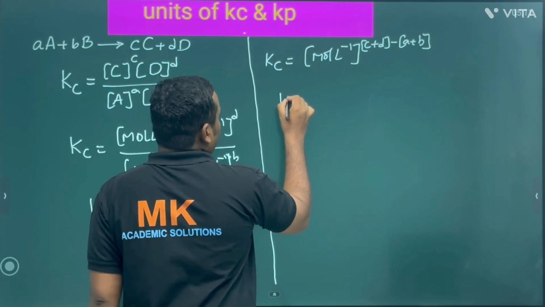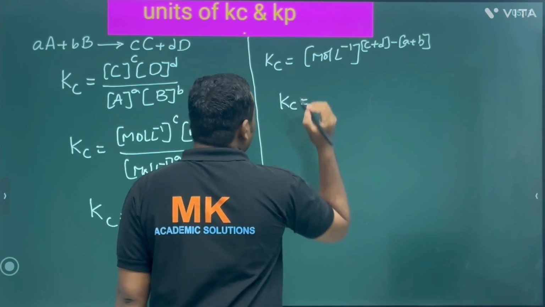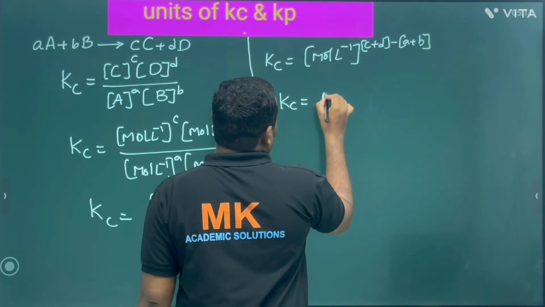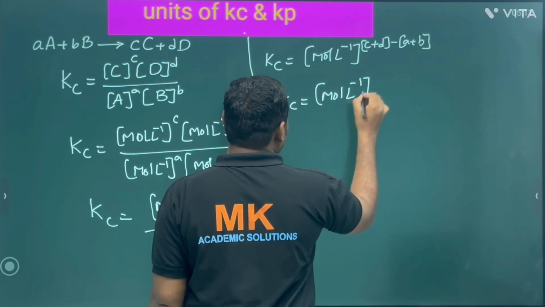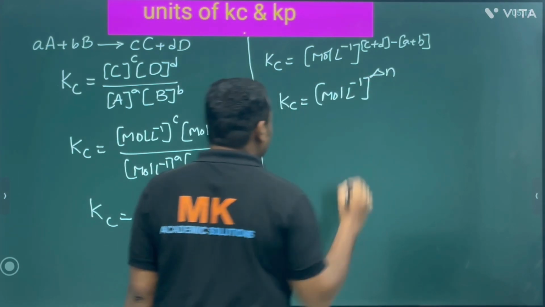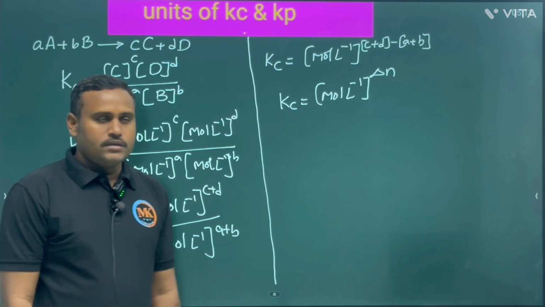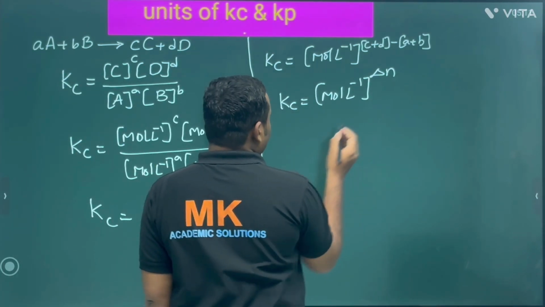Okay, now here Kc is equal to moles per liter to the power delta n. So what is delta n?